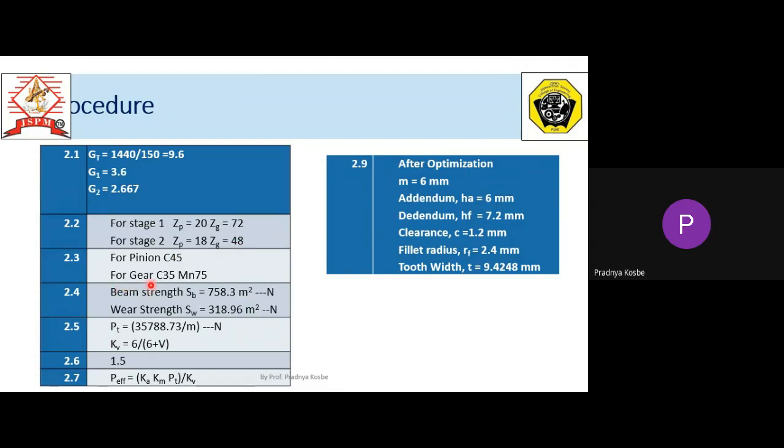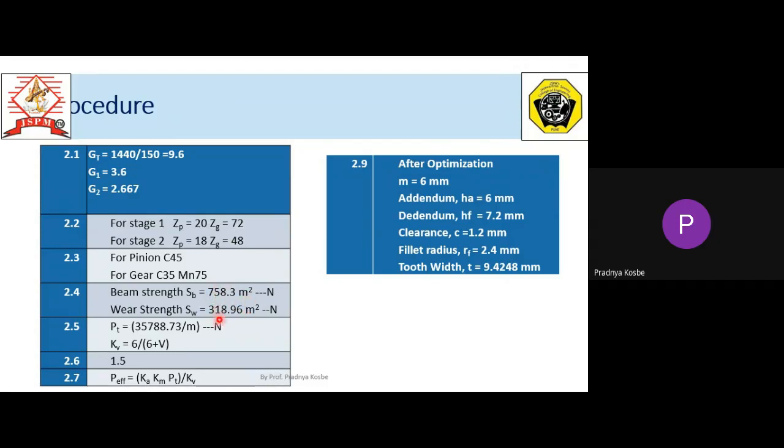Now for the pinion, the material is C45, for the gear it is C35Mn75. The beam strength calculated is 758.3 m square, and the wear strength in terms of module is 318.96 m square Newton. This m is for module, because you have to find the module.